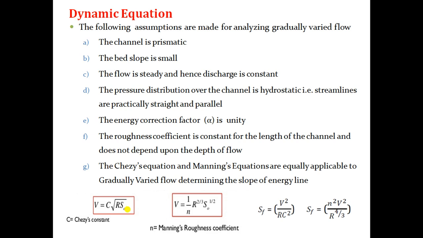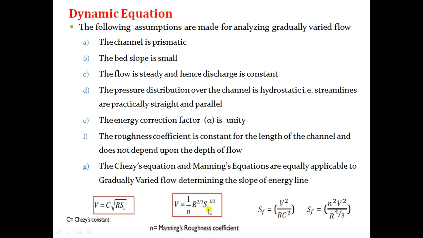Now, since for a uniform flow channel, the slope of energy line is parallel to the slope of bed of channel, so we can replace S naught with slope of energy line. And if V, C and R are known and SF is unknown, we can use Chezy's equation to determine the slope of energy line.